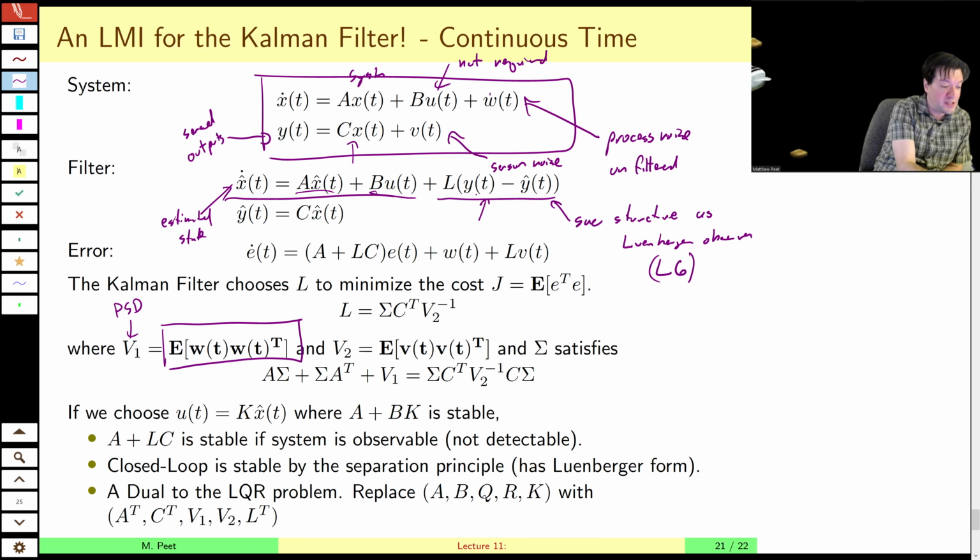Right. So the Kalman filtering problem, the Riccati equation, says if you solve that equation for sigma, so sigma is in a way our Liapunov function, right? In a way.